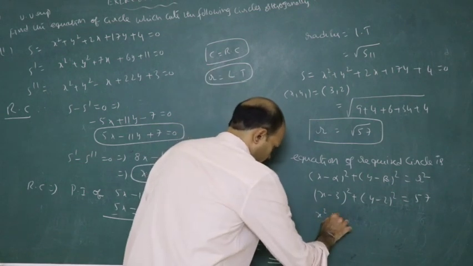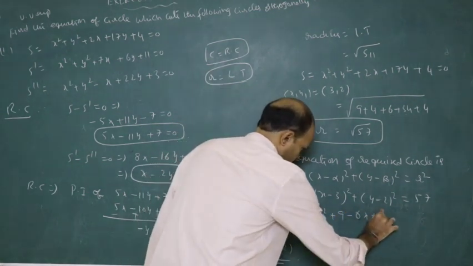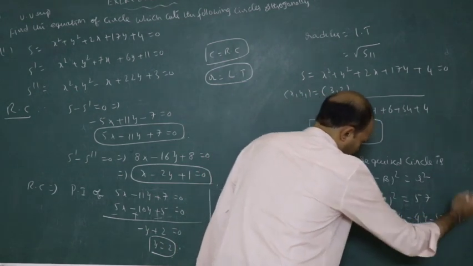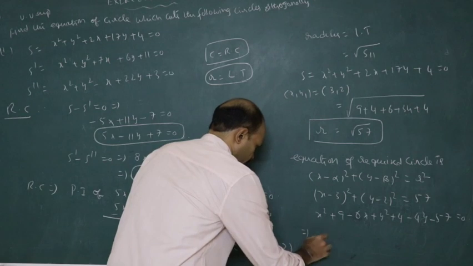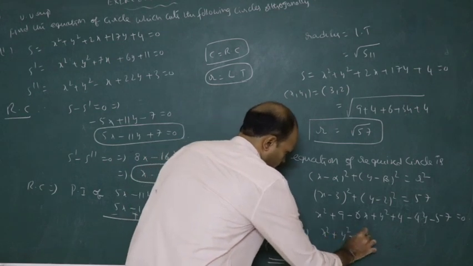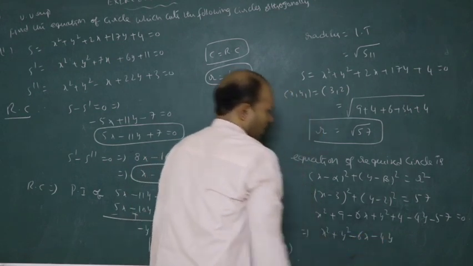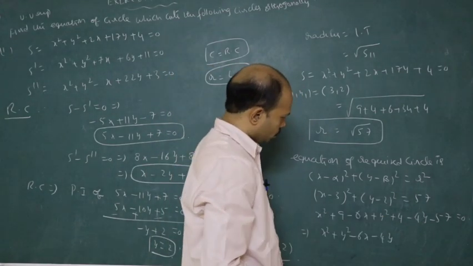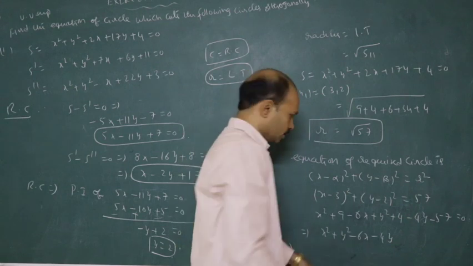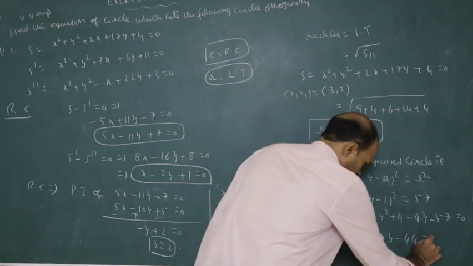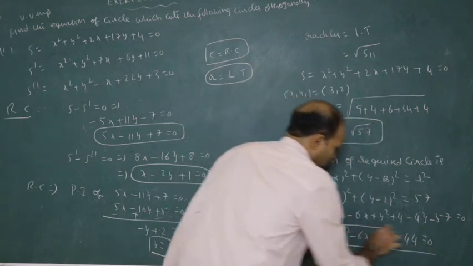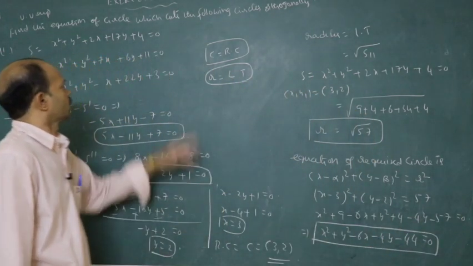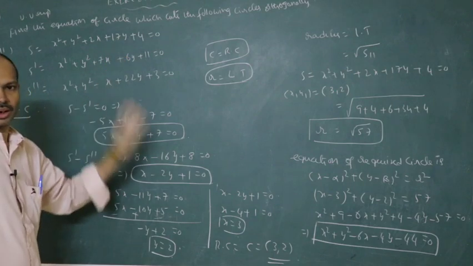This is x square plus 9 minus 6x, y square plus 4 minus 4y, minus 57. It follows x square plus y square minus 6x minus 4y, 9 plus 4, 13, 57 minus 13, so minus 44. This is the required answer for the circle which is intersecting the following three orthogonally.